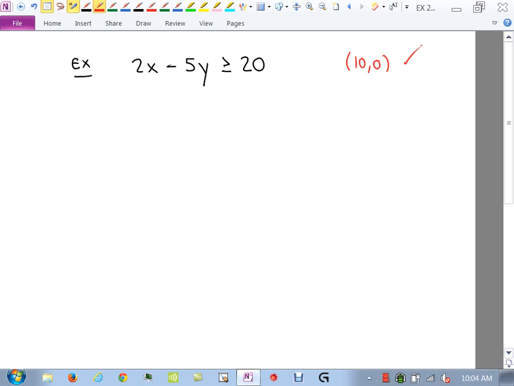Now, would this work? 11, 0. That would still work because 2 times 11 is 22. Is 22 bigger than 20? Yes, so that would work also. How about 12, 0? That would work. And I could keep going, couldn't I?